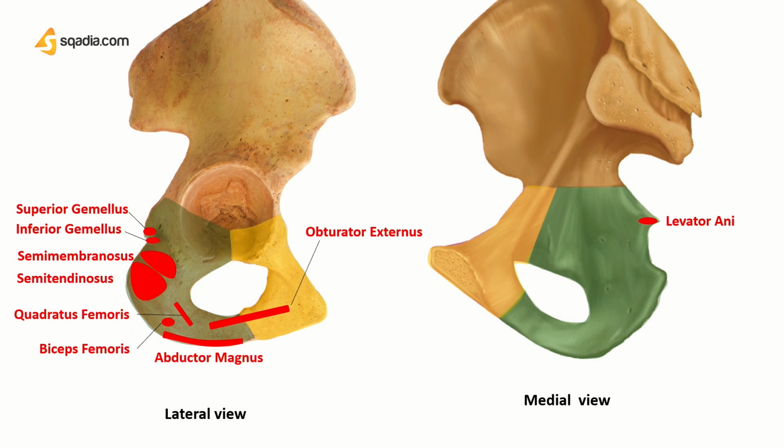Now, as the name indicates, it is the thigh adductor, which means bringing the lower limb close to the body like this. The pelvic surface provides attachment to the obturator internus. So here we have the important muscular attachments on all the surfaces of the ischium.